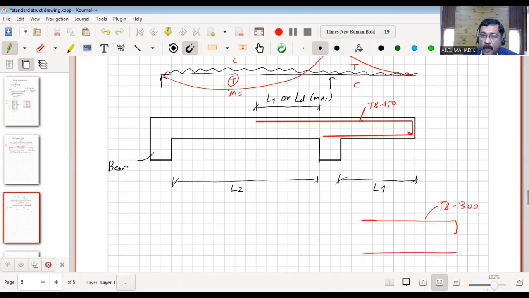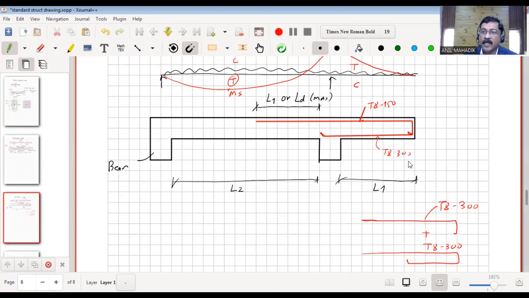And then I will also provide this bar like this, bent back, similar to this. So this will be T8 at 300. So total will be T8 at 150 at the top, because I want steel in this zone at T8 at 150. So this will be T8 at 150 and this will be T8 at 300. So you can see this alternate bar bent back.